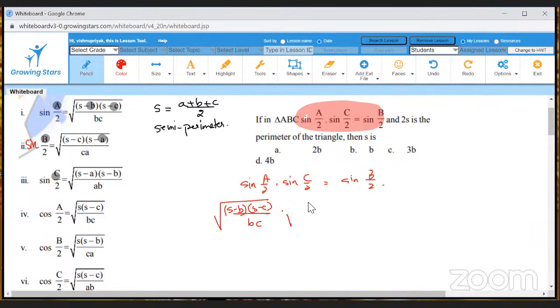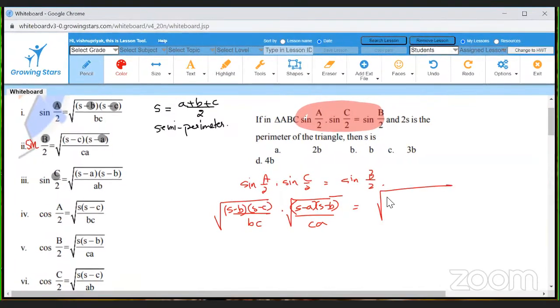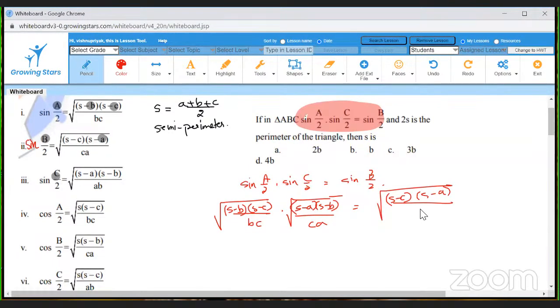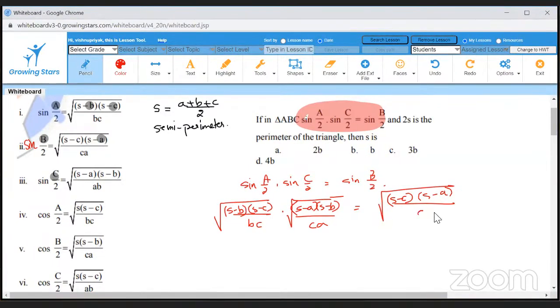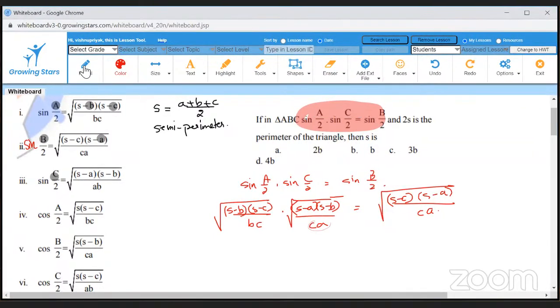Sine C by 2 is square root of S minus A into S minus B by AB, equal to square root of sine B by 2, S minus C into S minus A by CA.